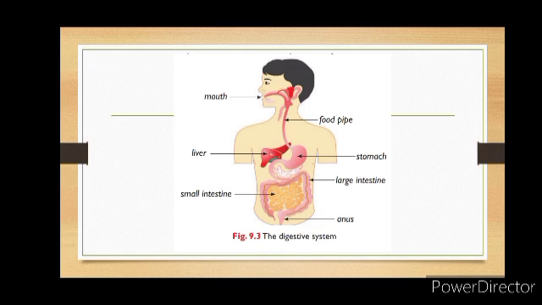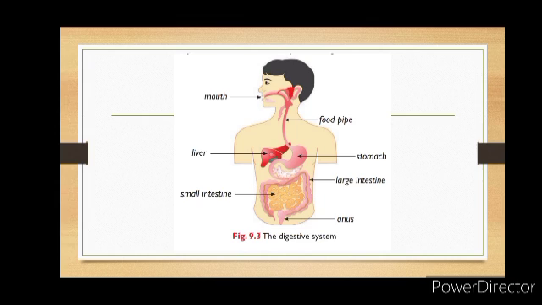The teeth chop, chew, and break the food into small pieces, and the saliva in our mouth makes the food soft and moist.